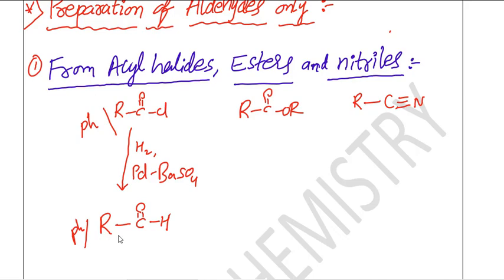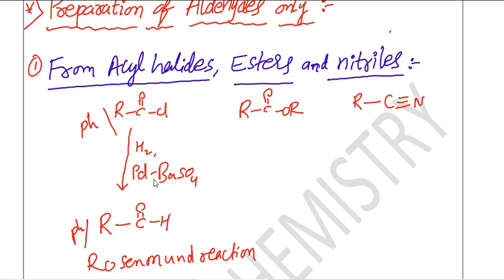That means you can prepare acetaldehyde or benzaldehyde, aromatic and aliphatic, two types of compounds we can prepare. This is the named reaction, that is Rosenmund reaction. Acid chloride to direct aldehyde.